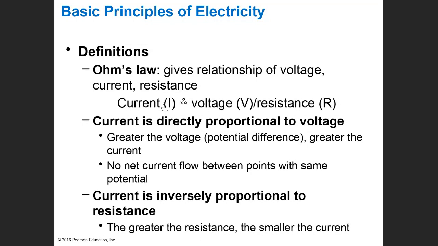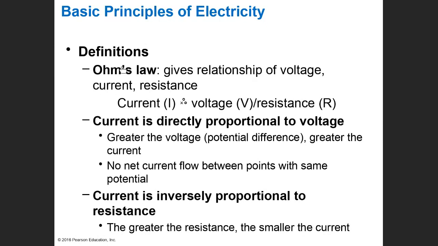A lot of the time the instructor wants you to understand how the variables relate to each other. What's the relationship between the values? That's the same thing here when we talk about this equation that has to do with the action potential. This equation is based on something known as Ohm's Law.